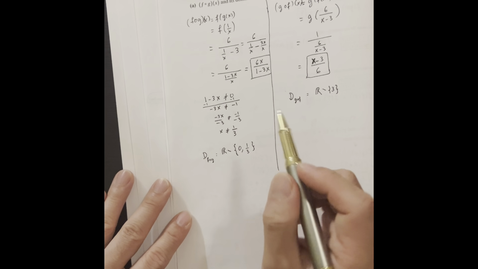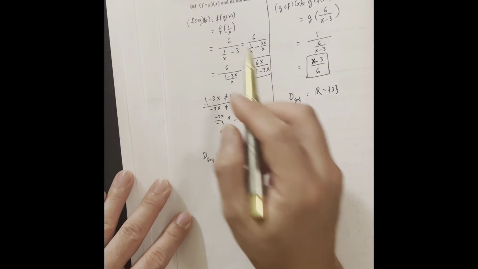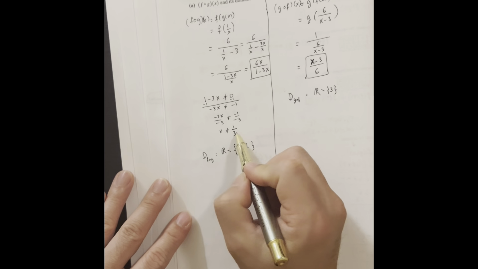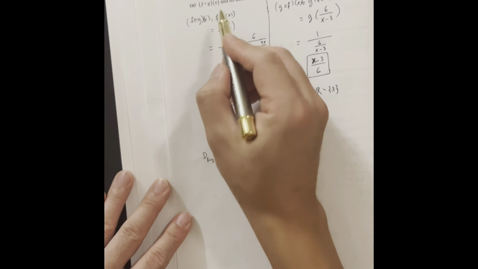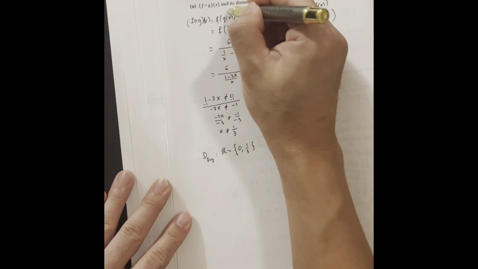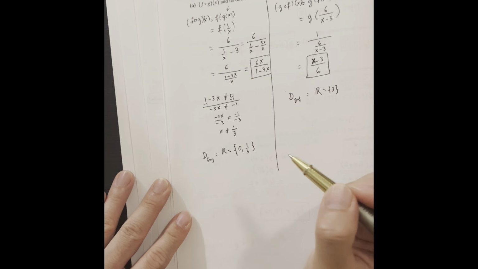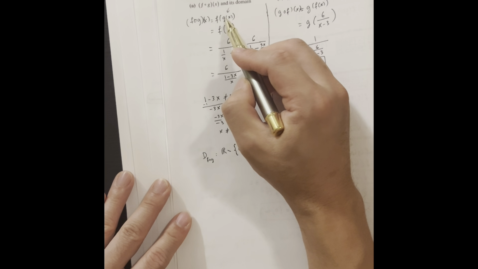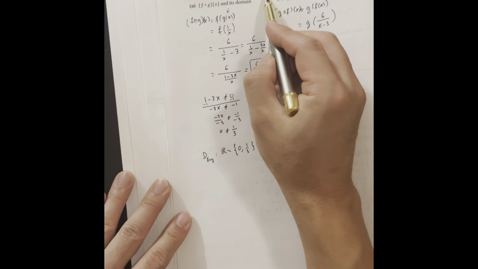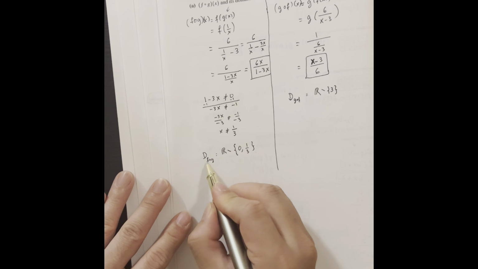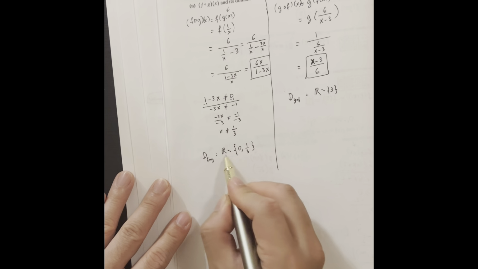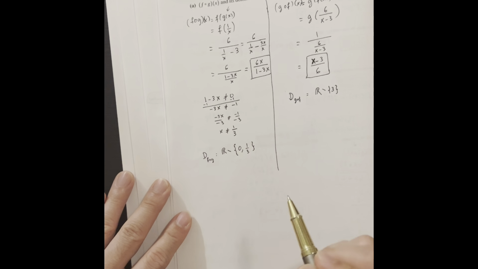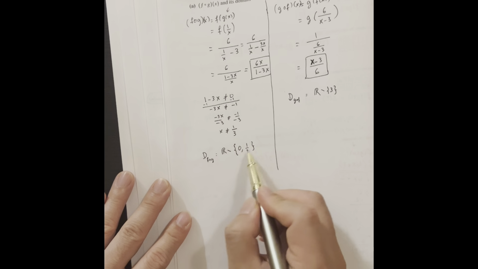Altogether, the domain of the composite function is this restriction combined with the restriction of the inside function g of x, which cannot be 0. So the domain of the composite function is all real numbers except 0 and 1/3. Any numbers except these two.